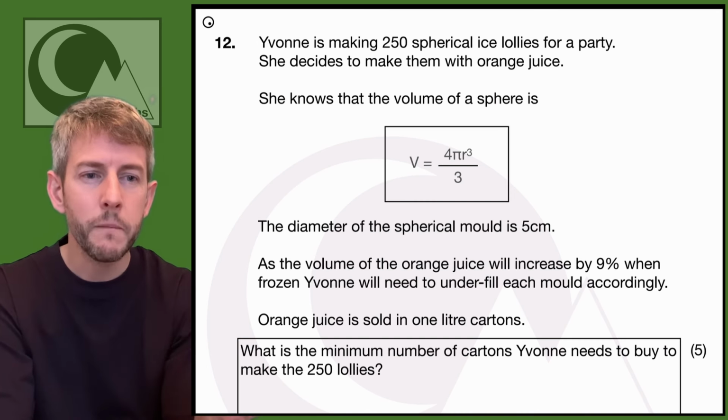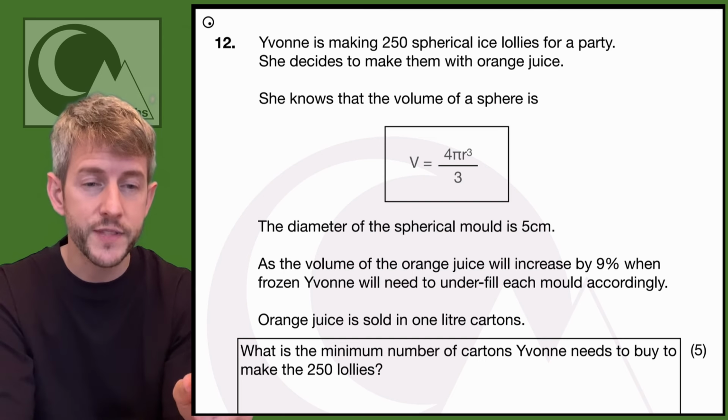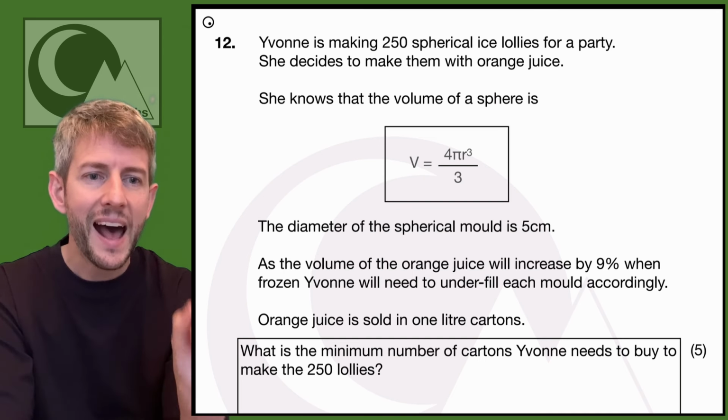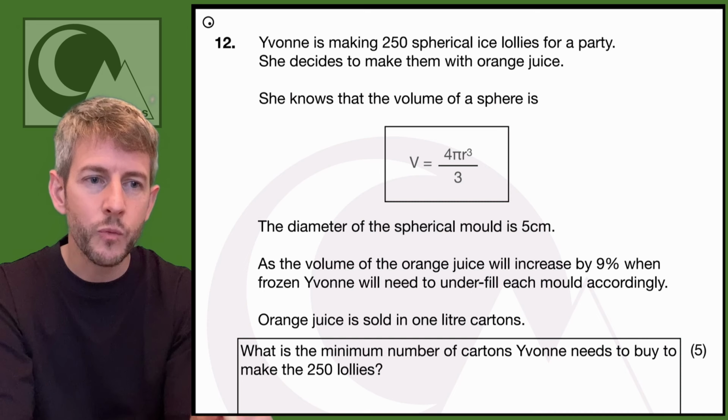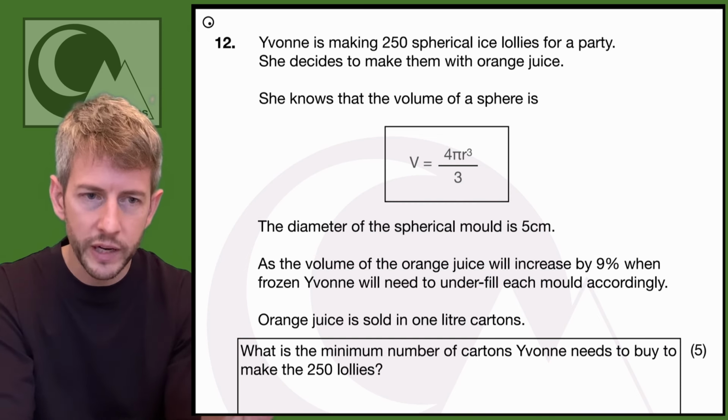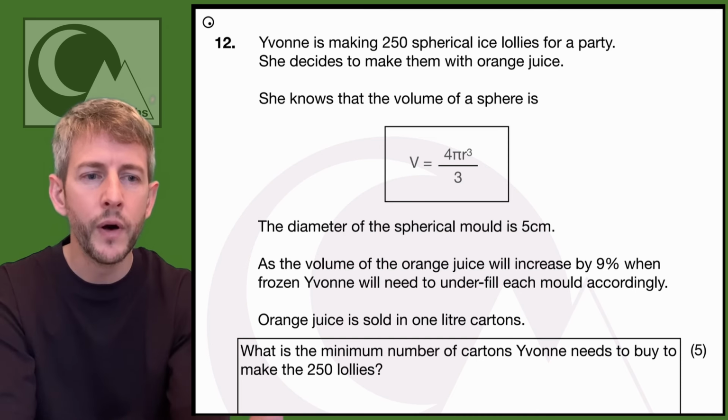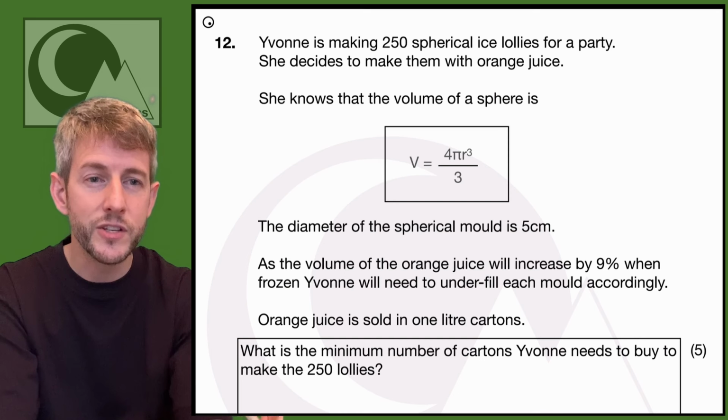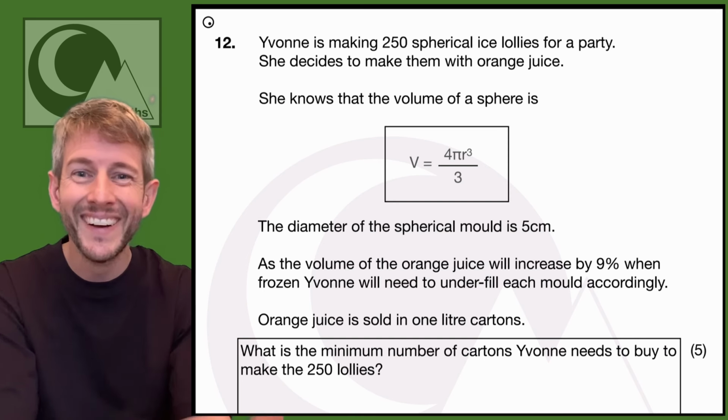The diameter of the spherical mould is 5 centimetres. As the volume of orange juice will increase by 9% when frozen, Yvonne will need to underfill each mould accordingly. Orange juice is sold in cartons of 1 litre. What is the minimum number of cartons Yvonne needs to buy to make the 250 lollies?